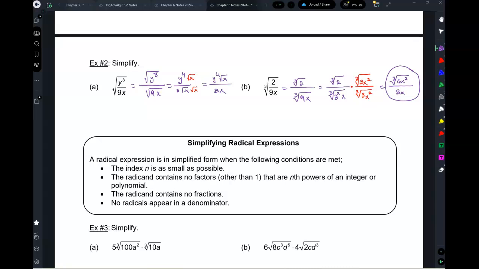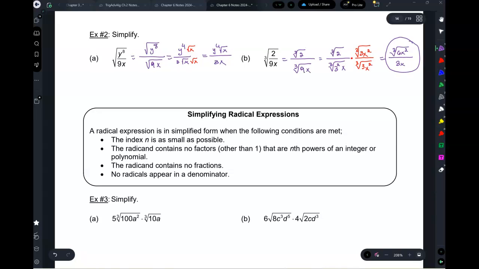All right. So now, if you're told to simplify radical expressions, we multiplied these, these, and this.